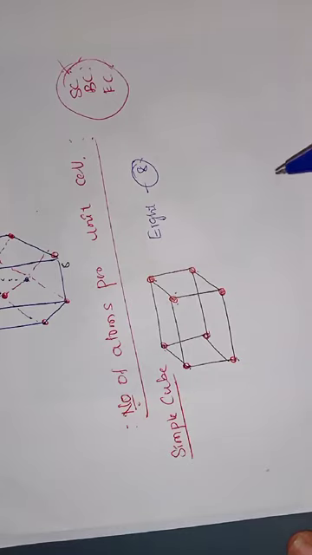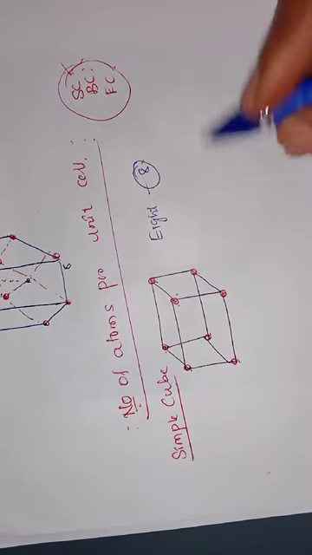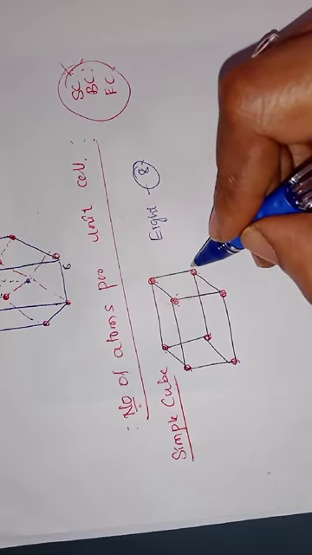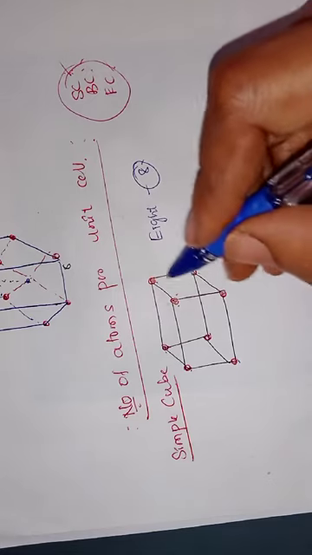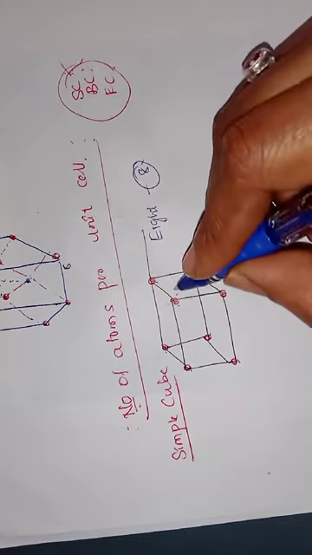Then each corner atom is shared by the other 8 surroundings. Each corner will be shared by the other 8. Some more 8 atoms will be here if I extend this.